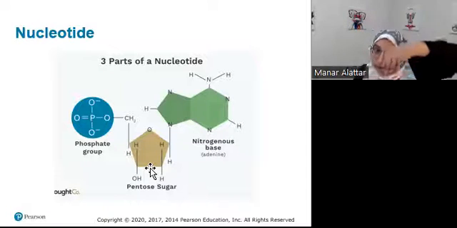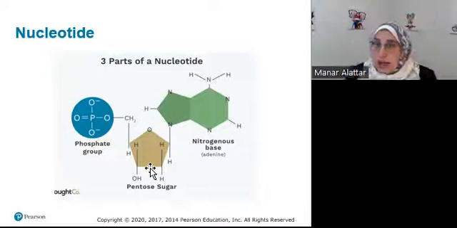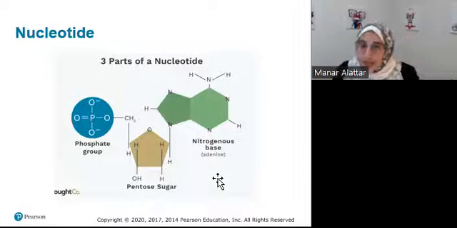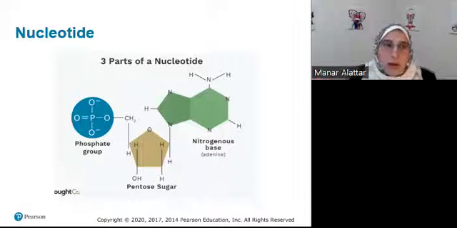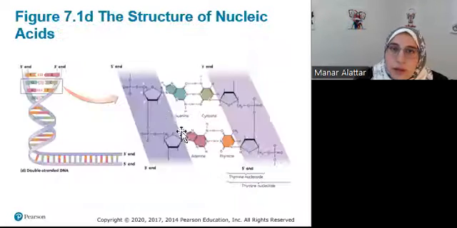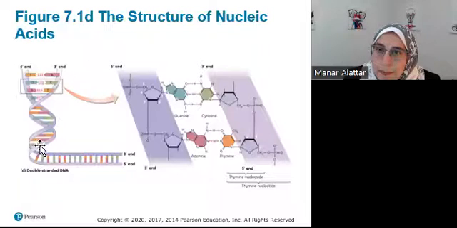Those actually make up that backbone of the strand. And then a nitrogenous base that is either a single or a double, in this case, a double ring. In this case, it's adenine that sticks out into the middle of the strand. So if you look at this, the phosphate and sugar will align with this purple backbone.